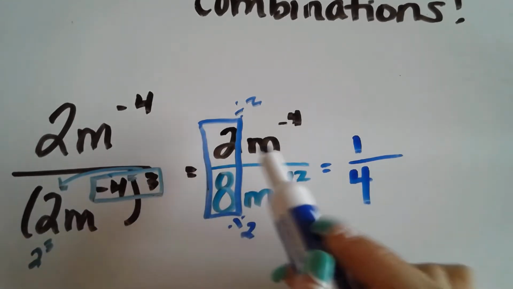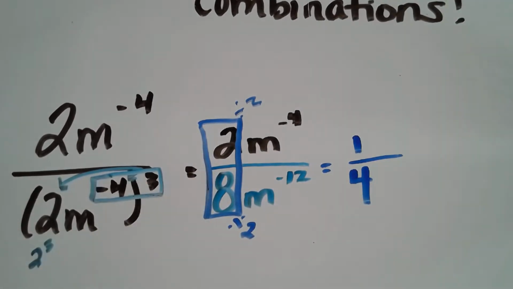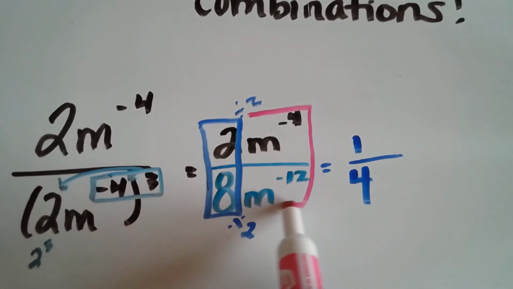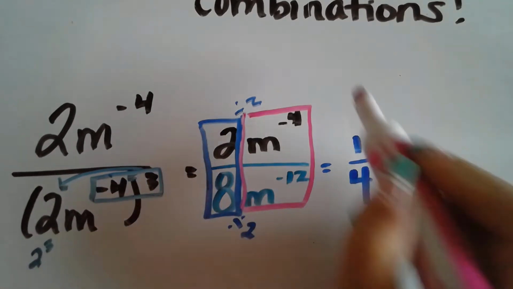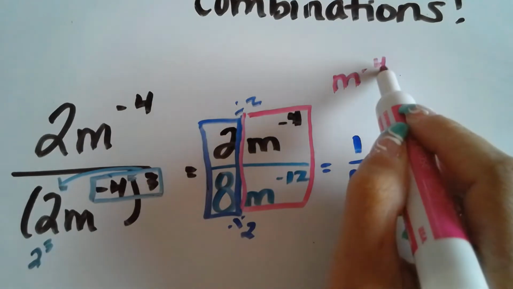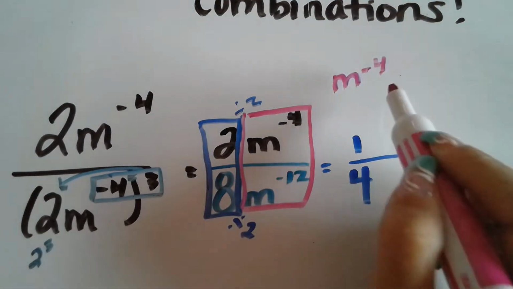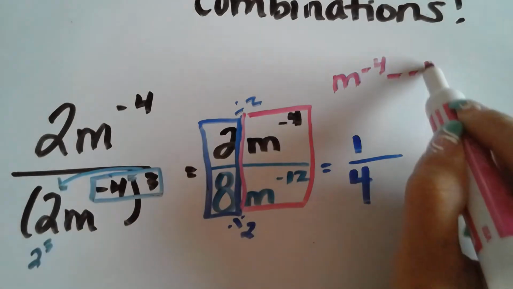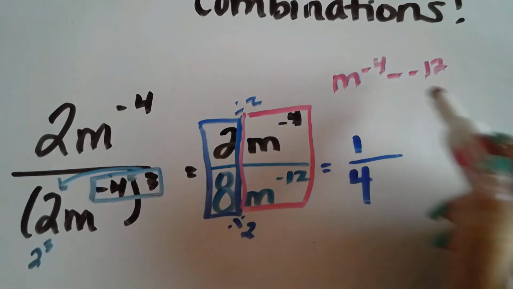Now, for our m's, I'm going to put this into this color so we know what we're looking at. We know that it's going to be m to the -4th minus m to the -12, -12, okay?